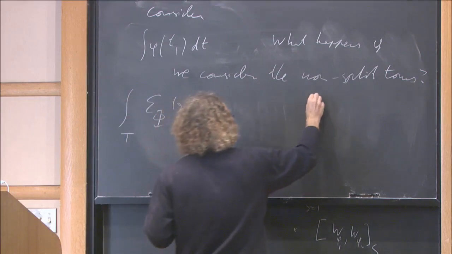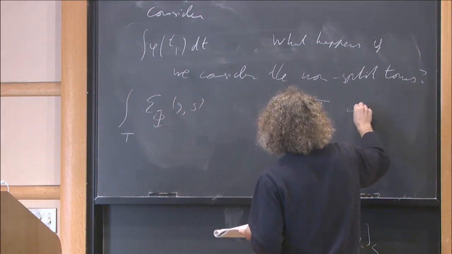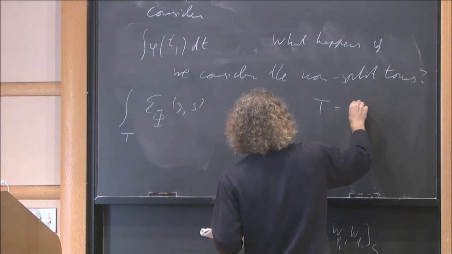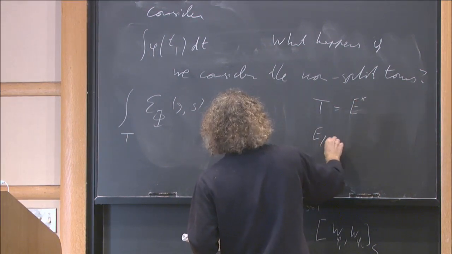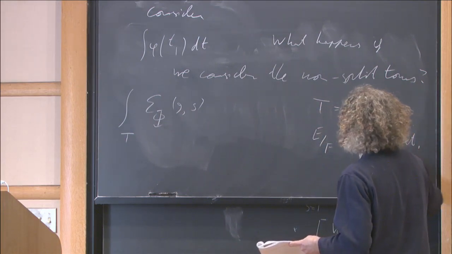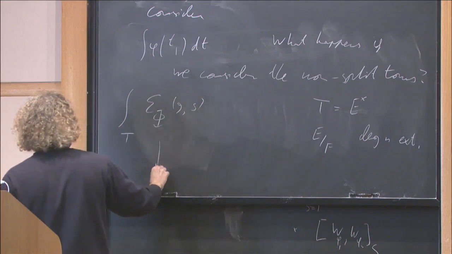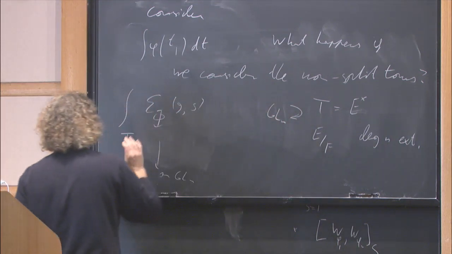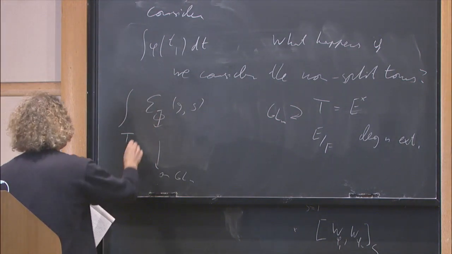So T is a torus, let's say corresponding to E star, where E over F is a degree n extension. And you take the Eisenstein series on GLN, and you integrate it over a torus in GLN, nothing else.